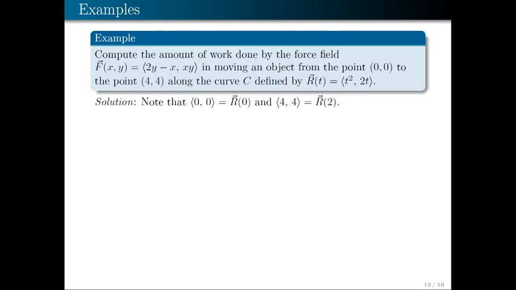Note that the point 0, 0 corresponds to the vector 0, 0, which is r of 0, and the terminal point 4, 4 corresponds to the vector r of 2, so that our parameter would have a value of 2. So t here runs from 0 until 2.